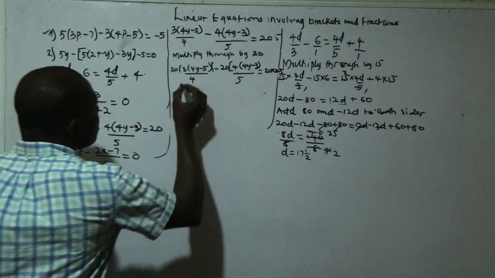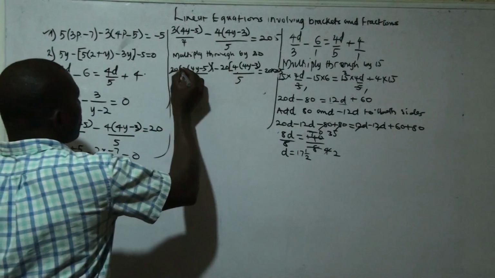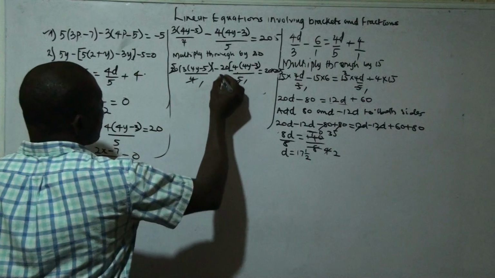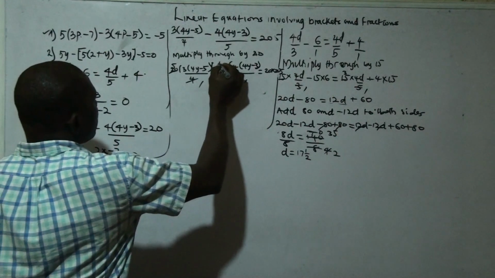Okay, now let's do this. 4 in 4, 1. 4 in 20 is 5. 5 in 5, 1. 5 in 20 is 4.